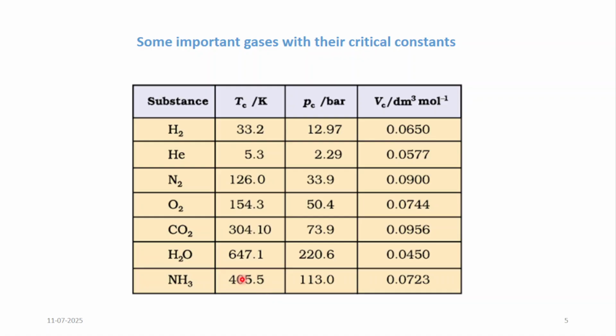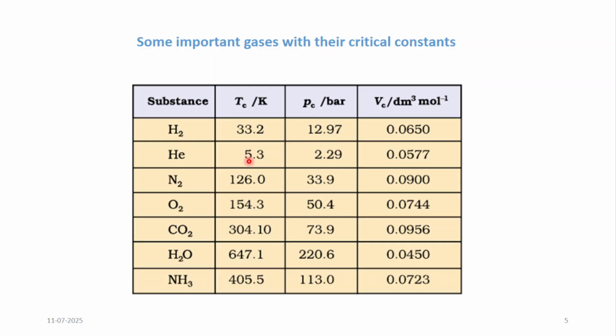So gases of the ammonia type, water, carbon dioxide, can easily be liquefied. If the critical temperature is high, then even at a higher temperature, with a certain pressure you can liquefy that. But if the critical temperature is very low, those gases cannot easily be liquefied, like hydrogen, helium, nitrogen. You need to bring the temperature very low if you want to liquefy them.